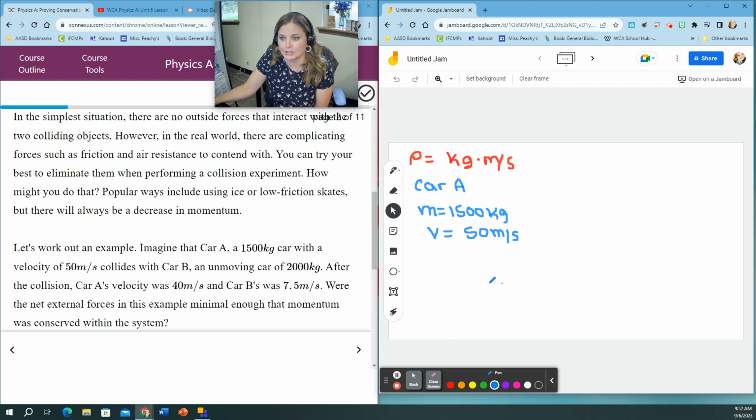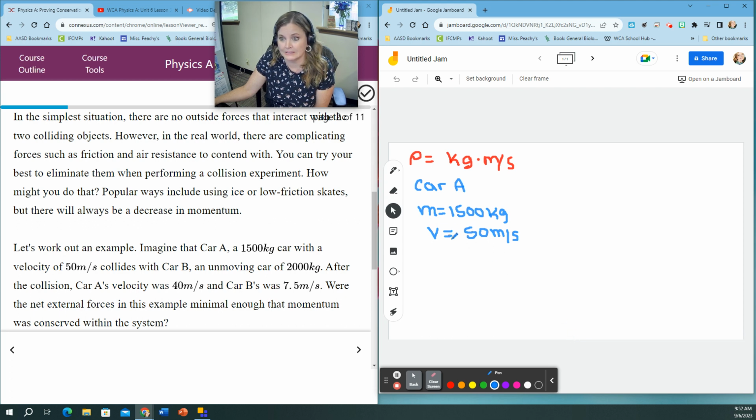So car A is actually moving. Car B is stationary, not moving at all, right? You'll have some examples later on where they're both moving. So it is really important to note the direction of movement as well, because if there's two different directions of movement, one of the velocities will be positive and one of the velocities will be negative. Because remember that velocity is a vector, so that means that it has a direction associated with it.